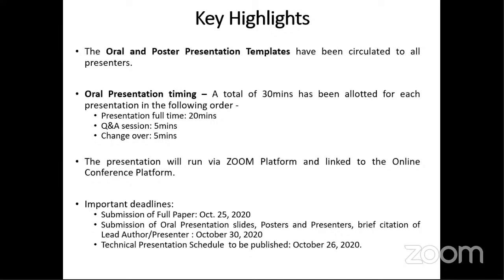In the next 2 weeks, we'll be having dry run to allow some selected presenters test run how the online presentation will go, how the co-chair and the session chair and the judges will be running the sessions, and how questions and answers will be addressed.